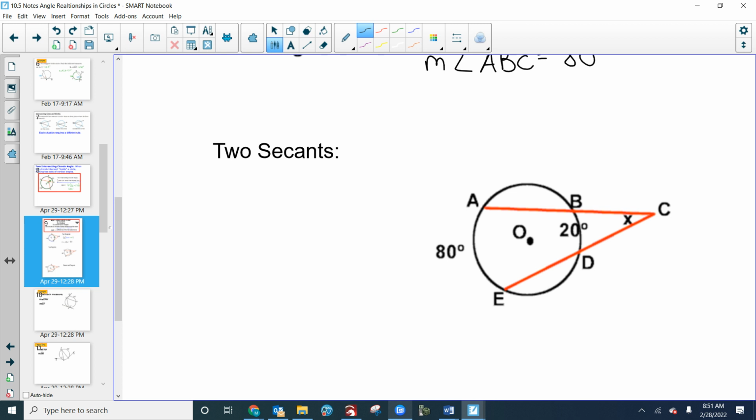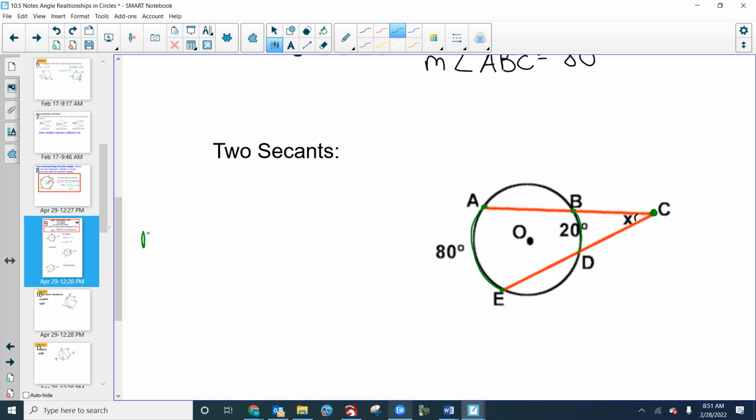All right, here we go. We're working on outside angles right now. Do you all agree the vertex of this angle is outside the circle? So it's going to be half the difference of the 2 arcs. From C, what's the outer arc? AE, which is 80. What's the inner arc? 20.